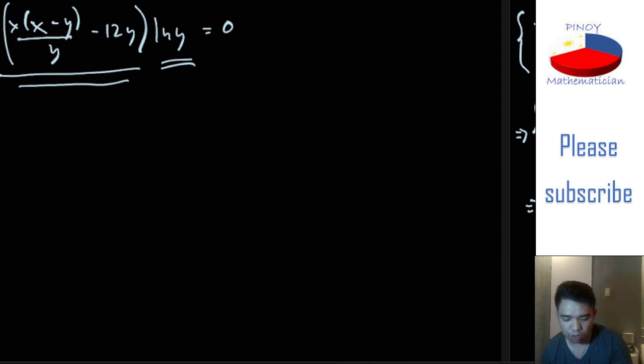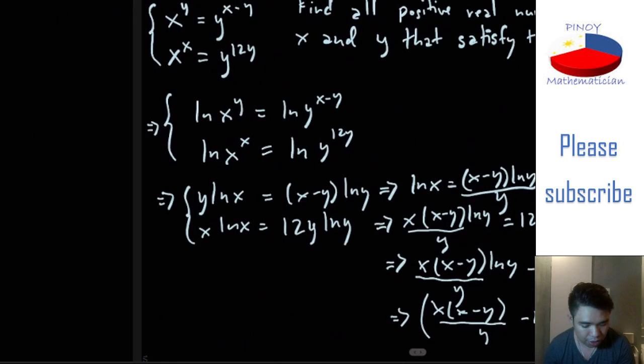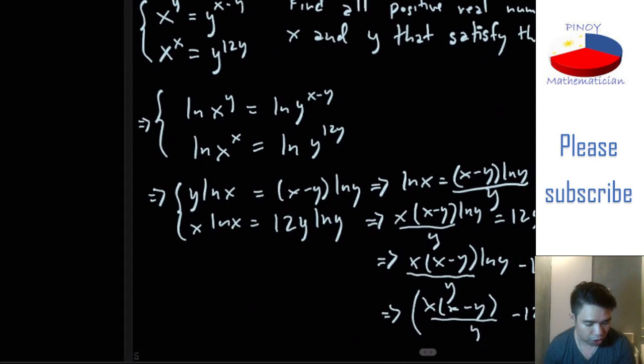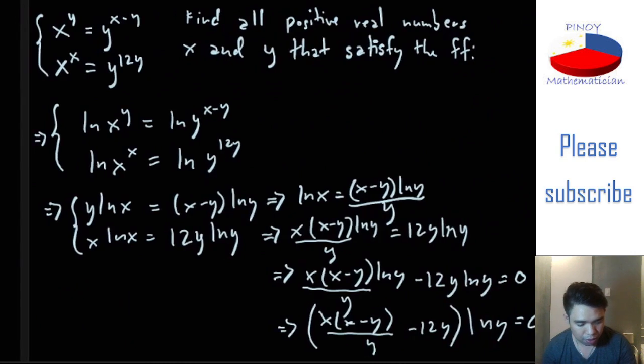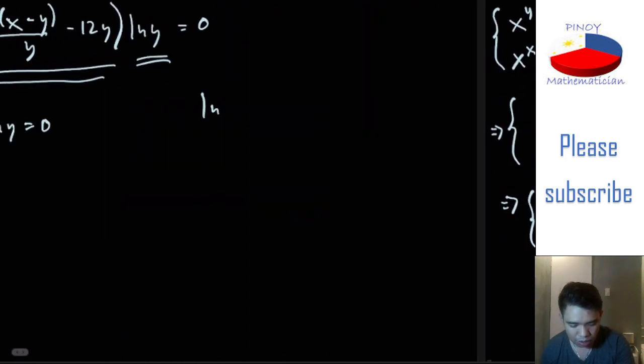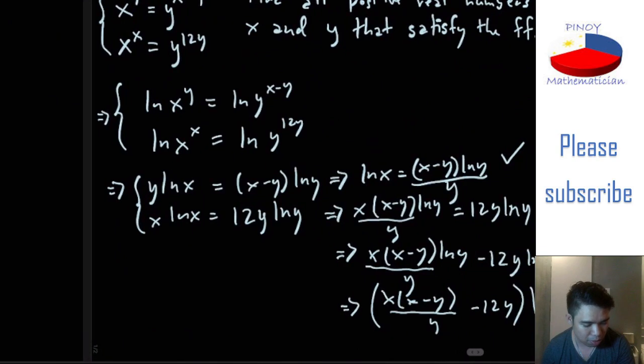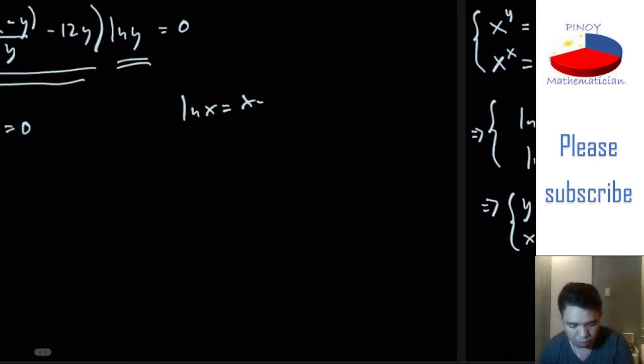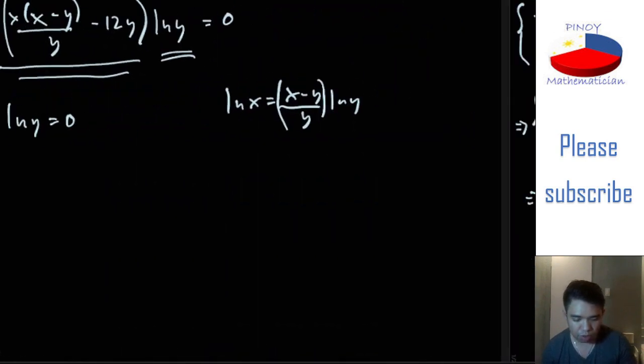So let's say ln y is equal to 0. Given that we have this expression, ln x equals x minus y ln y over y, I'm going to rewrite that here to emphasize.